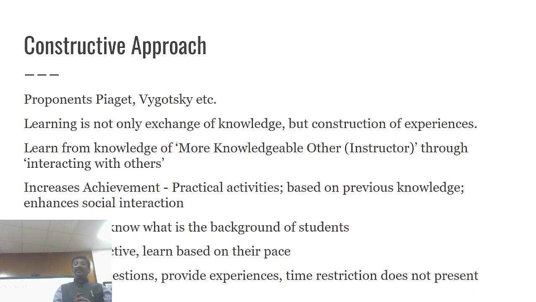It increases achievement. Practical activities are given based on previous knowledge, and we get the information. When people are sitting together and sharing their ideas and experiences, social interaction also takes place. The teacher must know what is in the background of the students.